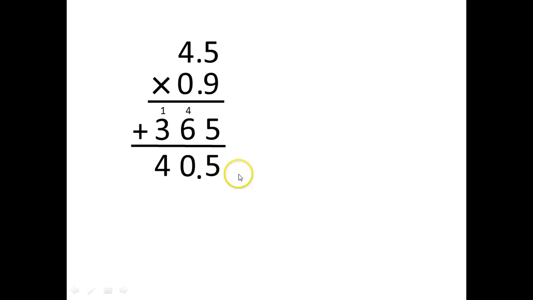What about this final part is wrong? Well, it's this small thing here. The numbers are actually all correct as well, but it's that decimal point which is not in the correct place.